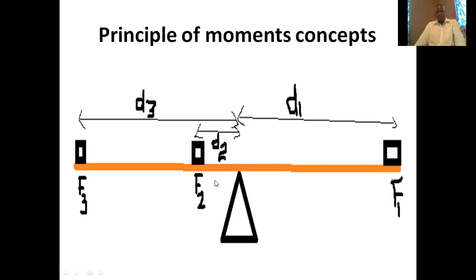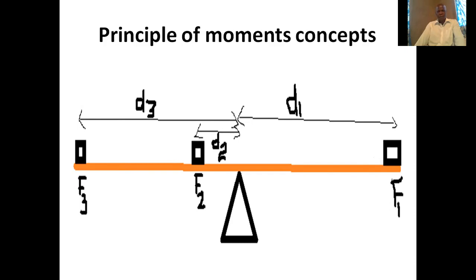That is one moment. And then the moment for force 3 will be F3 multiplied by the distance to the pivot, which is D3. And so here we have seen that in the anti-clockwise, we have two moments. In the clockwise, we have one moment.